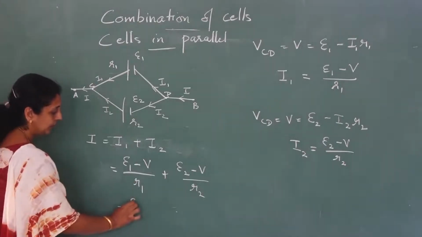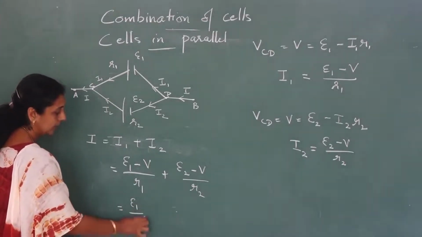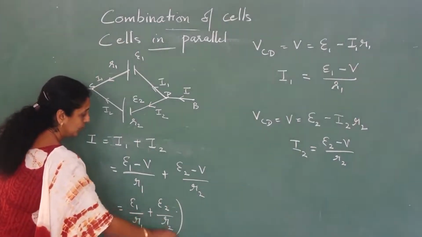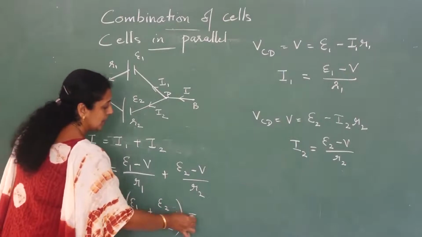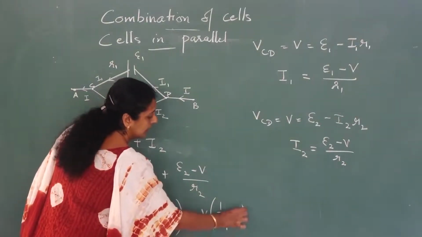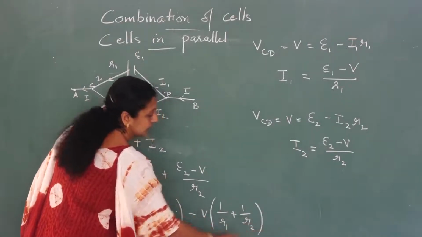Rearranging, you get E1 by R1 plus E2 by R2 minus V into (1 by R1 plus 1 by R2).